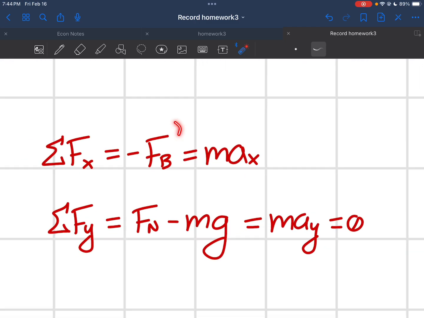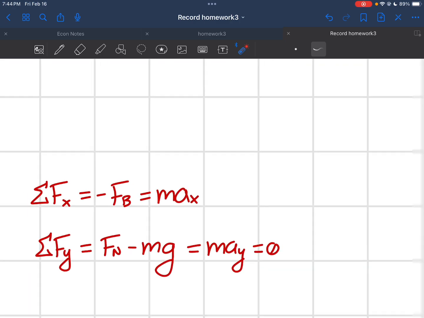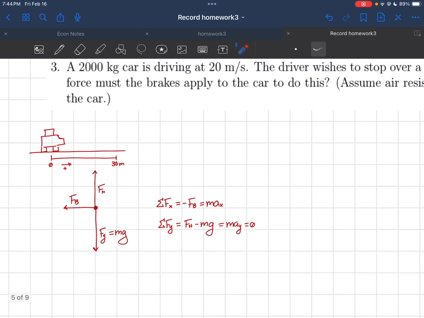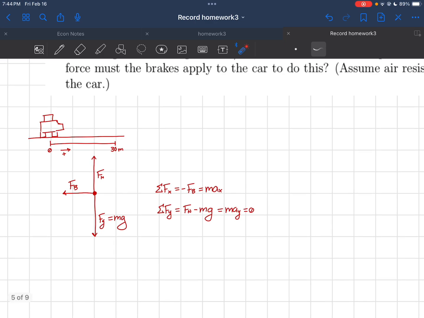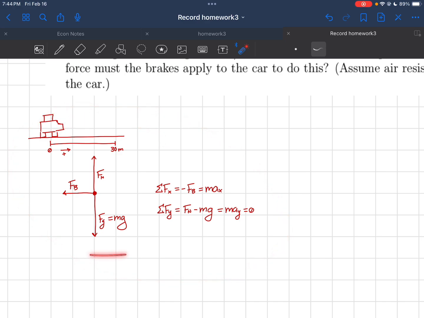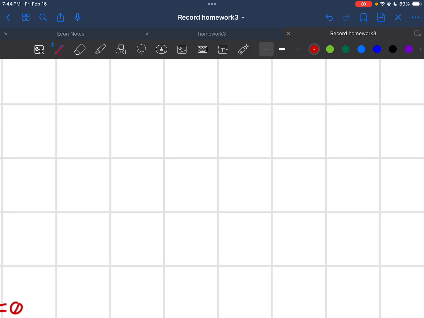Well, if I want to figure out the force of the brakes, then I know the mass of the car. The only thing I would need is the acceleration in the x direction. And there's a way that we have talked about solving for the acceleration in the past, and that's with kinematics. So our acceleration is kind of our go-between between kinetics, which is why things move, and kinematics, which is just describing how things move.